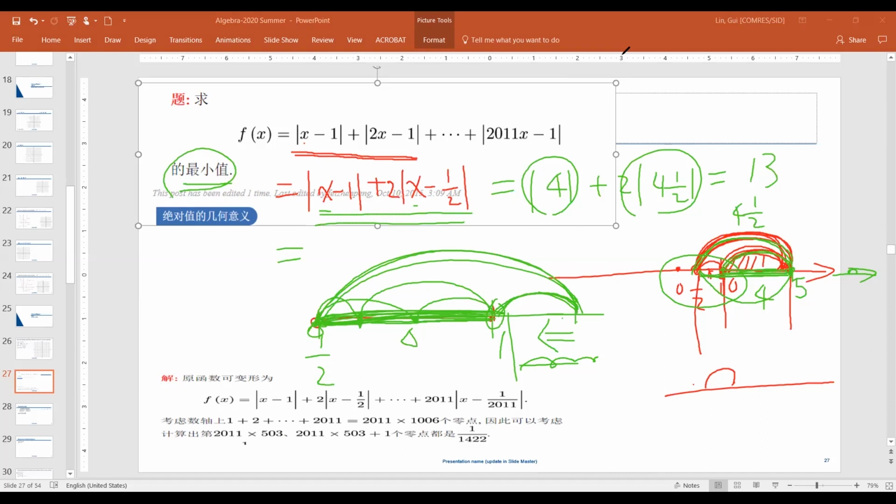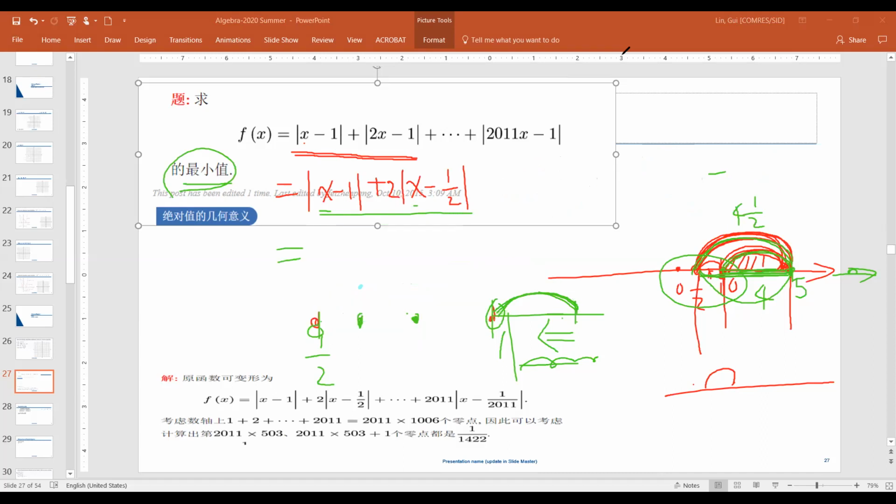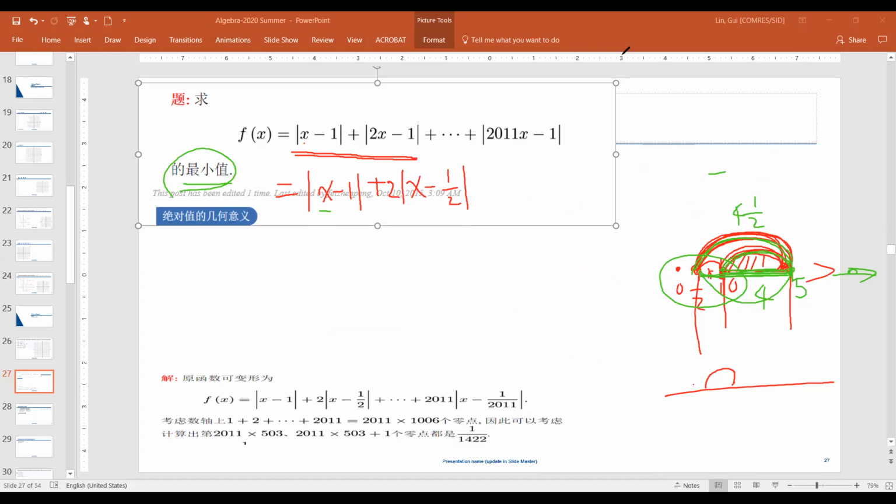Okay, a number in between here. So you guys can see. Let me erase this part first. All right, erase this part first. So this one we can rewrite.